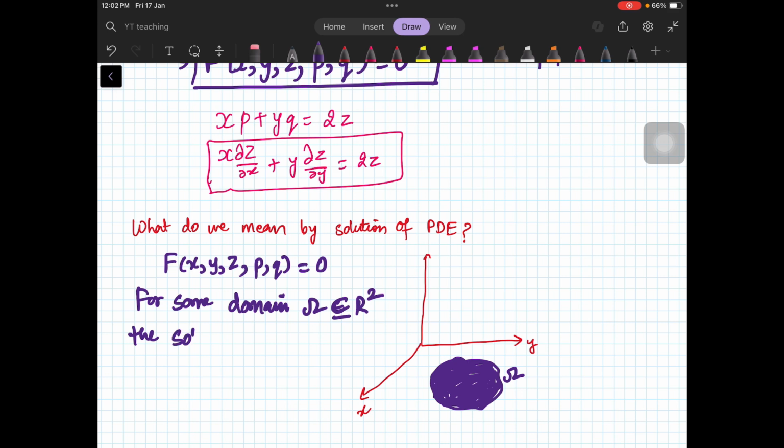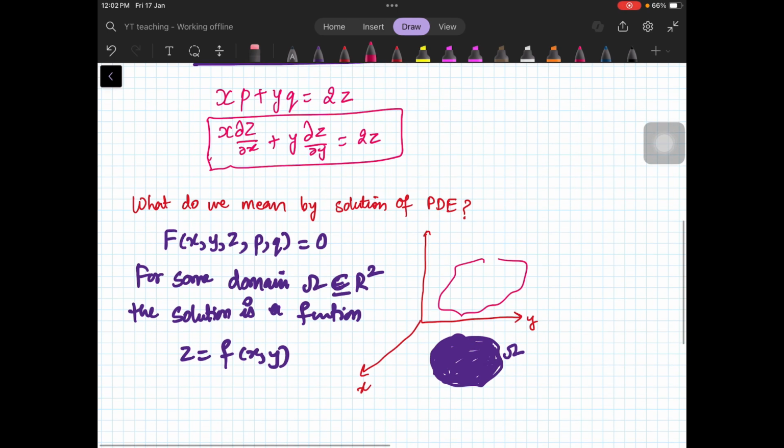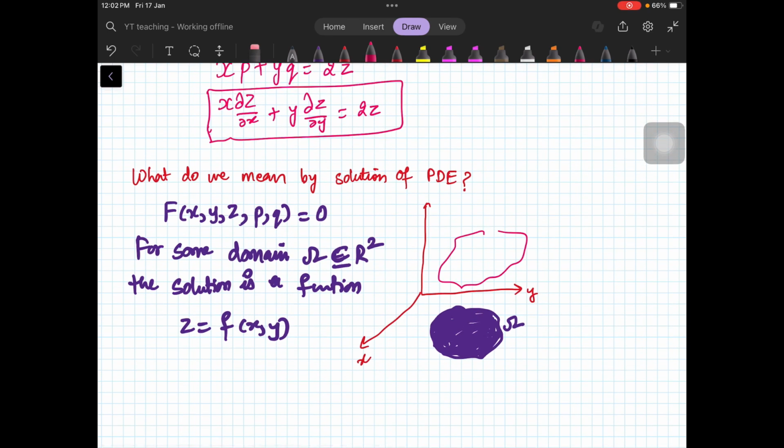The solution is a function z equal to f of x comma y. It will be some surface maybe here. Such that first of all, it has to be defined in omega. It has to be defined in omega.